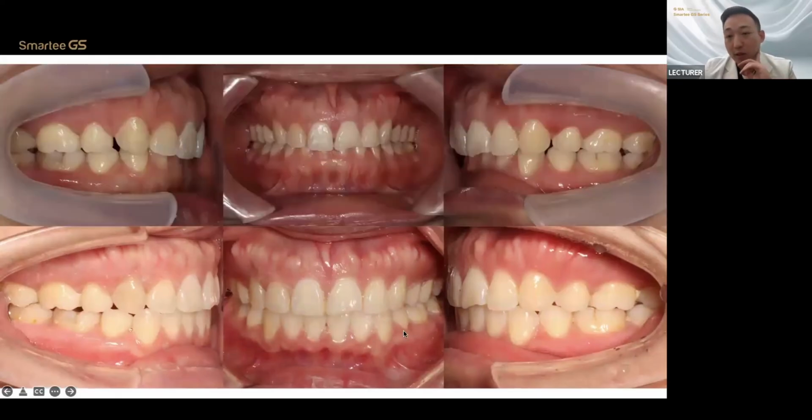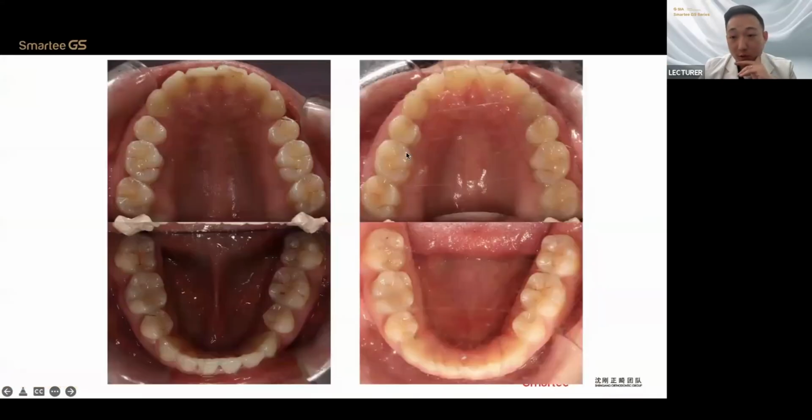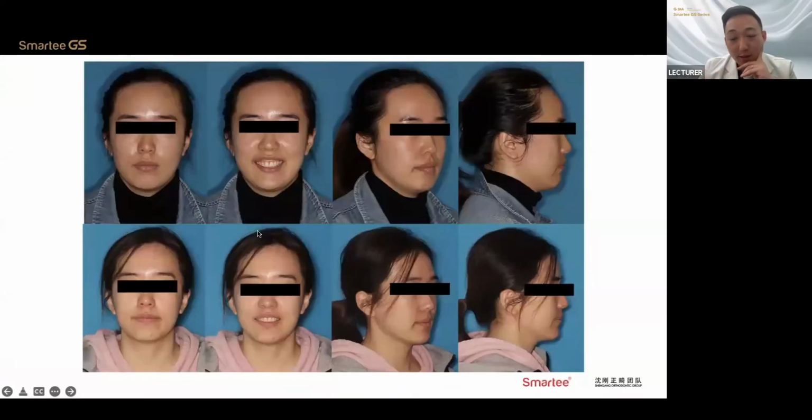Let's see the comparison. The 3 depths problem is solved, and we have a very good canine and molar relationship here. We also did a bit of expansion for this patient. And you can see from the picture, the gummy smile is gone. She has a very good smile after treatment.